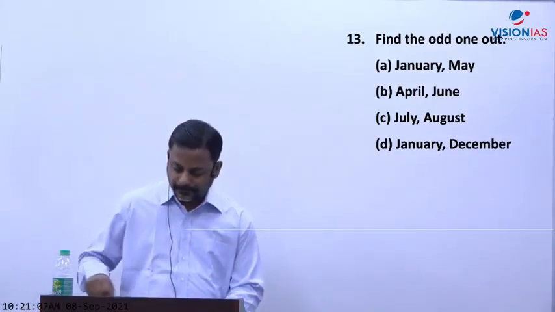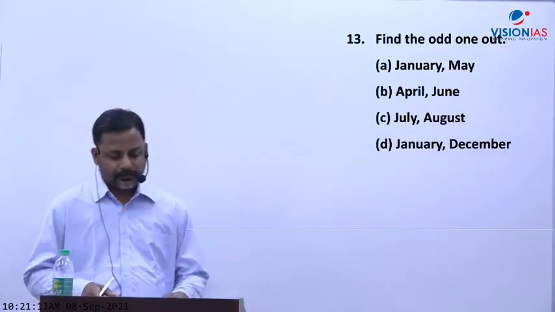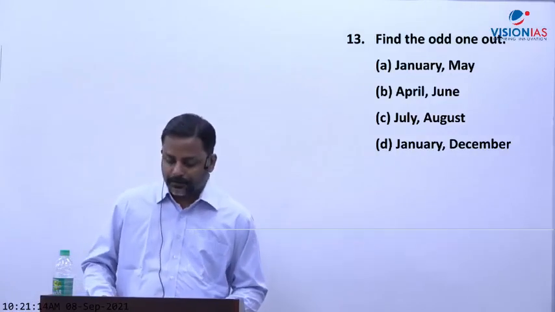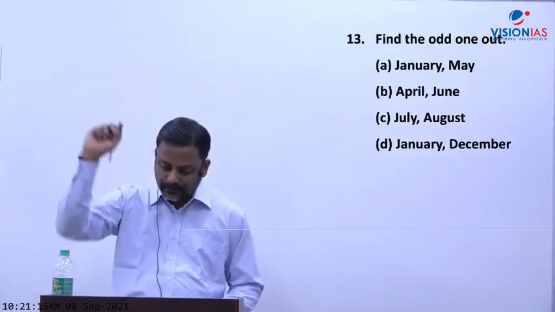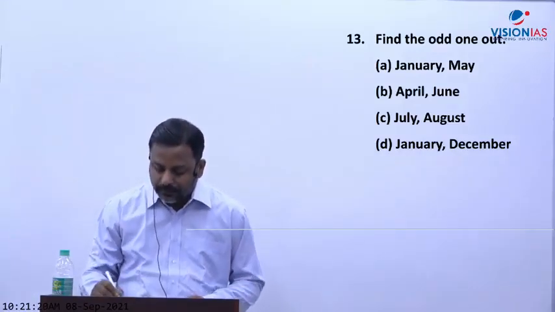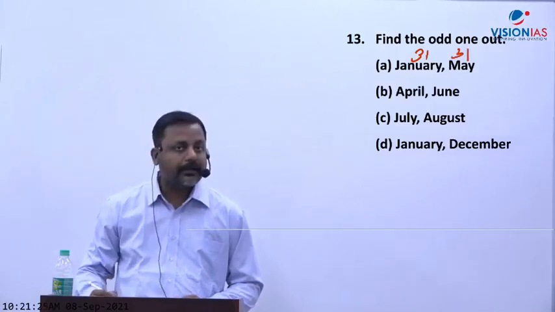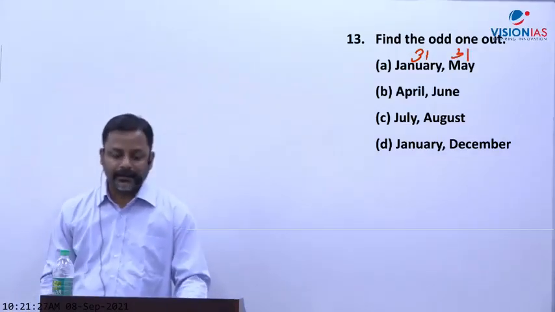Yes, very correct, Money. See, in each of the options, when we see the month of January and May, they both have 31 days in it. January also consists of 31 days and the month of May also consists of 31 days.